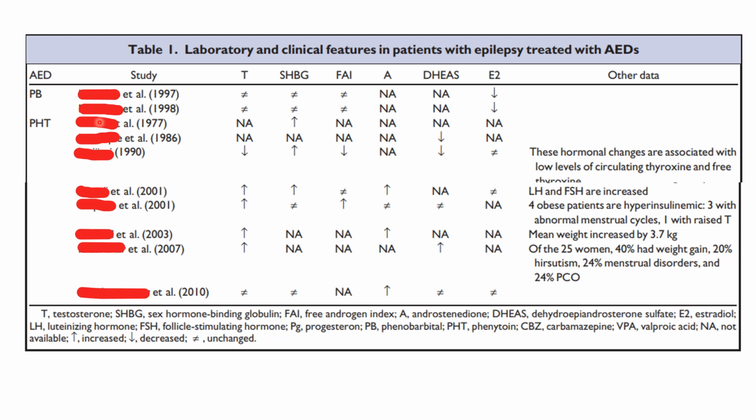The authors have taken a number of studies, and because it's a meta-analysis, they have taken two drugs only, phenobarbital and phenytoin, and they have tried to see what difference these drugs make to the hormonal levels in patients with epilepsy. They are checking testosterone, sex hormone binding globulin, free androgen index, androstenedione, dehydroepiandrosterone, and estradiol.